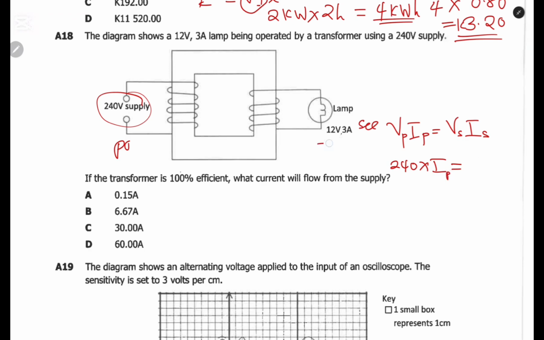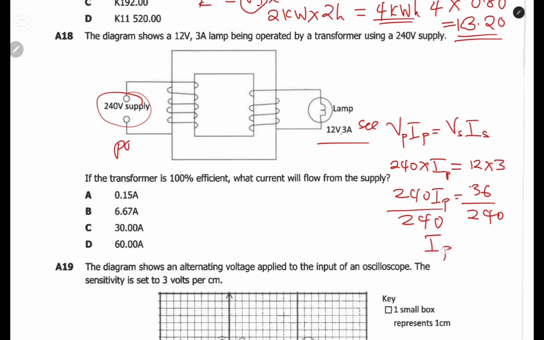On the secondary, the voltage is 12 multiplied by the current, 3. So here you have 36, and here you have 240 I_P. Divide by 240, and therefore I_P, the current on the primary, is equal to 0.15 amp. So the answer is A.